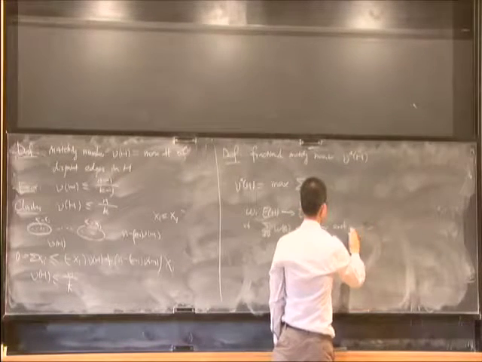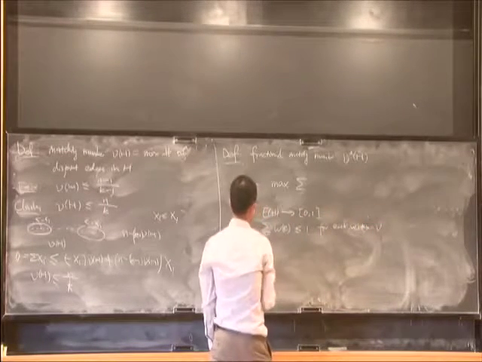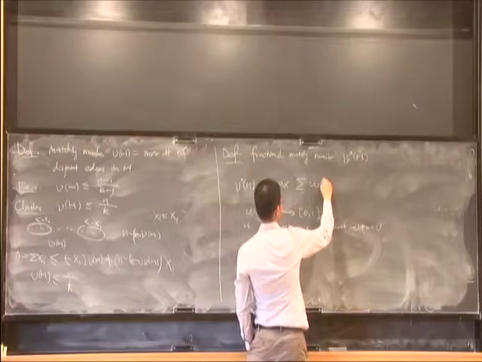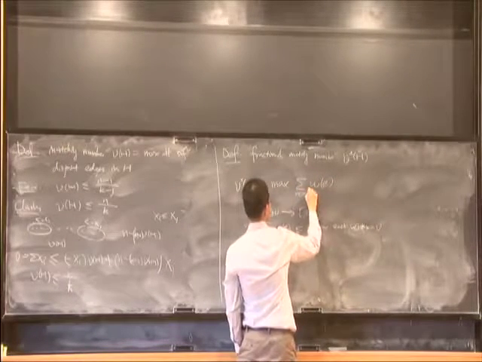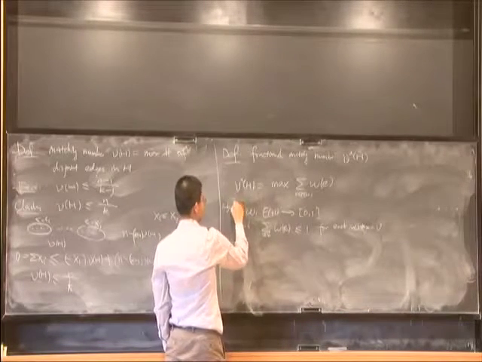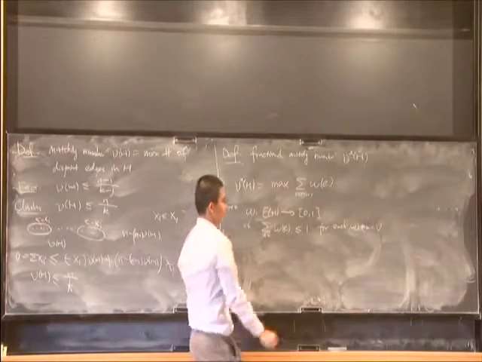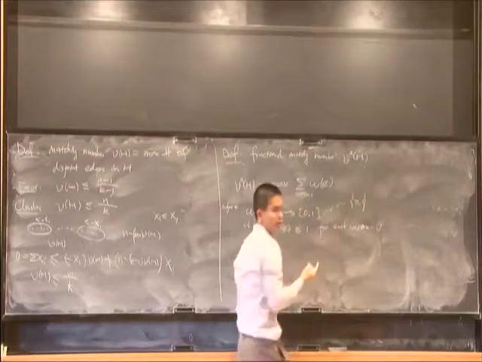Now we want to maximize the sum of the total weight. The sum of the weight is nu star of H. Now as you can see, if we change this range to the set {0,1}, it is just the usual matching, right?